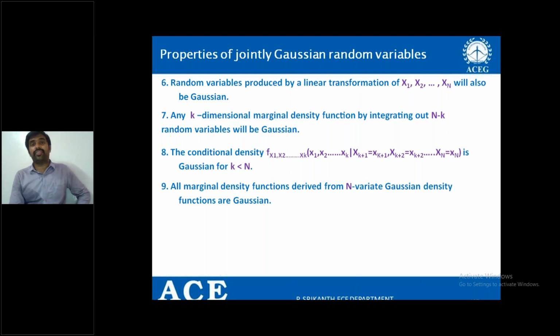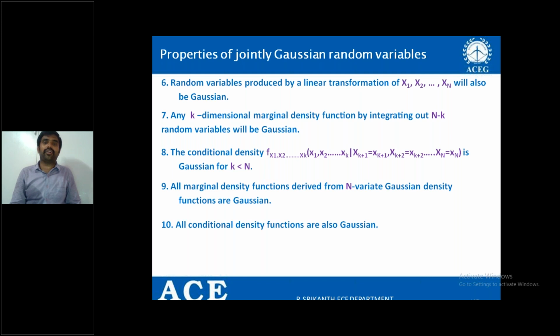Why? Because of the very first property: if x and y are jointly Gaussian, x and y individually are also Gaussian. Here I am saying that if x1 to xn are jointly Gaussian, all the individual random variables are also Gaussian. Simple property. And all the conditional density functions are also Gaussian, right?